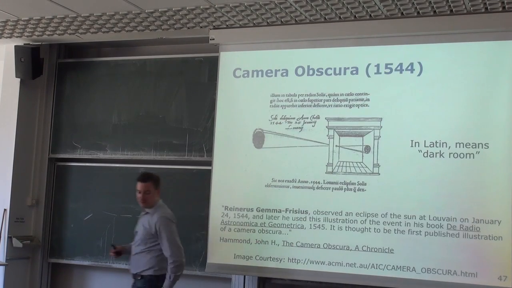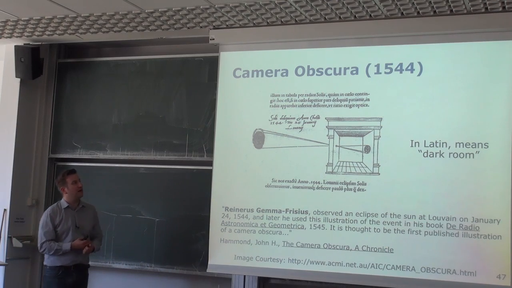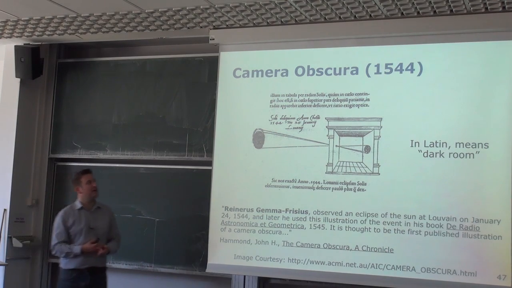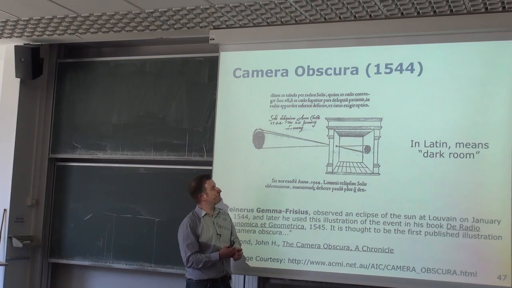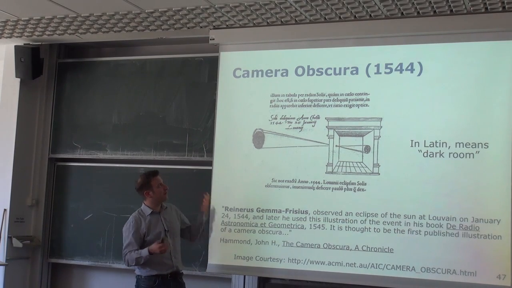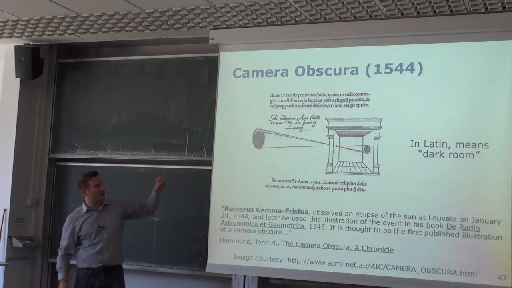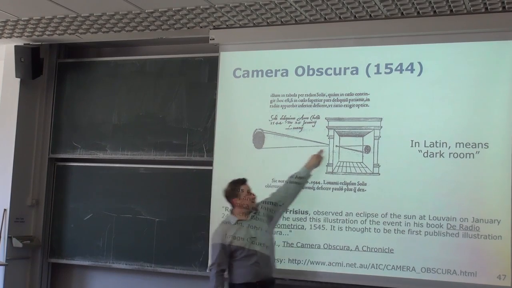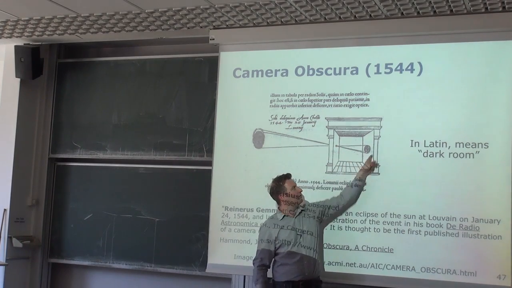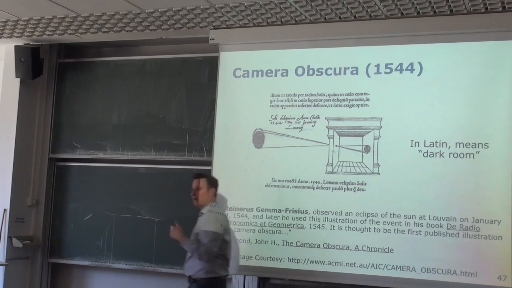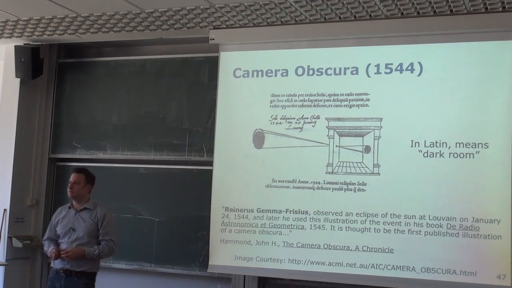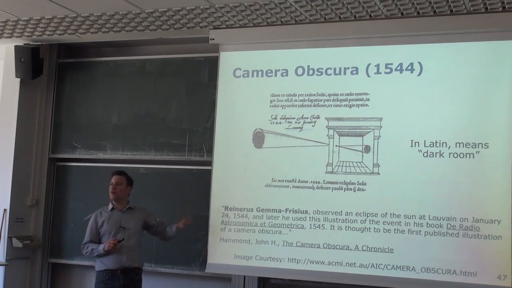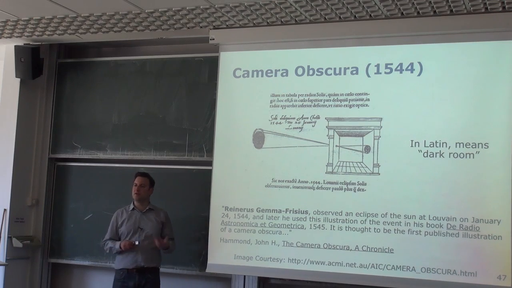This was at least first documented to be used in 1544 as what is called camera obscura, or dark room. So you have the eclipse of the sun, it's projected through a hole into a dark room, and they can observe this phenomenon. So it's a concept which is very old, even much older than the knowledge of light-sensitive material.